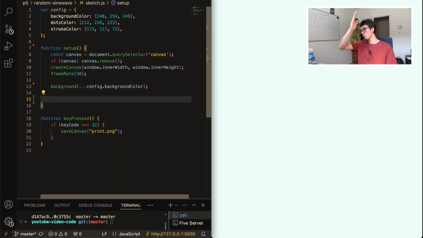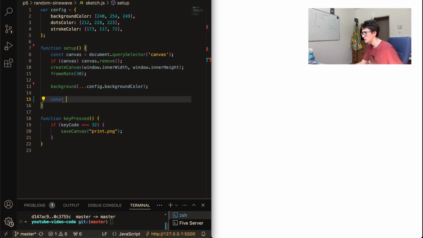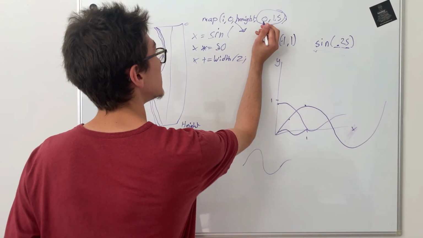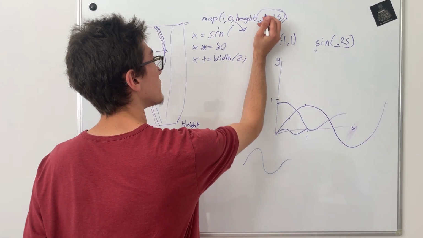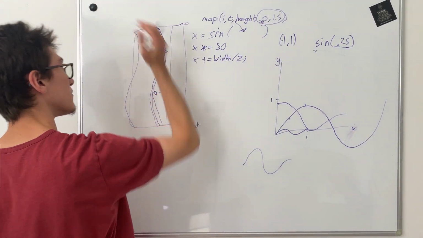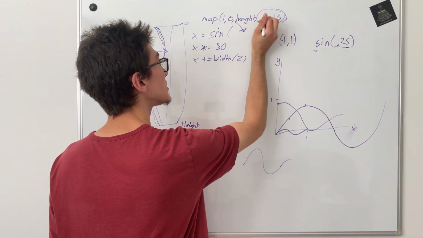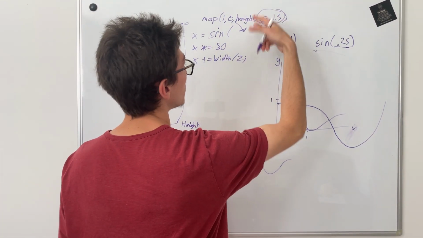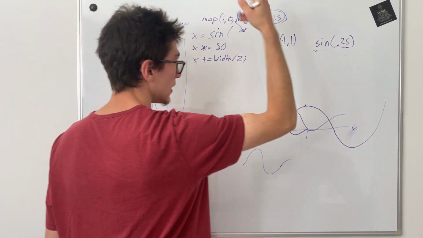Let's first start with one sine wave in the middle, right? So, like we said, we'll get const. And like I said on the whiteboard, over here, I want this value to be a random number because I don't want them all to start at the same curve. So I'm going to make this number not 0 necessarily, but a random value between, let's say, 0 and 100.